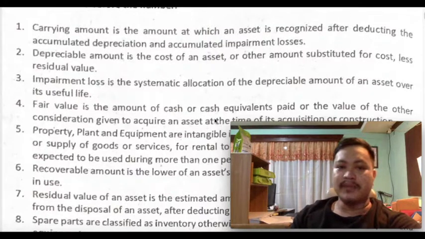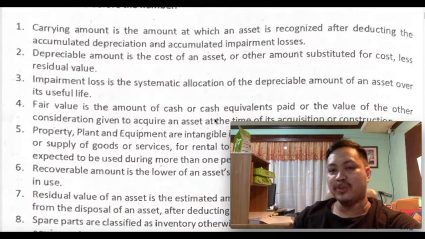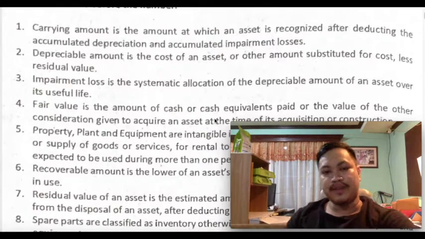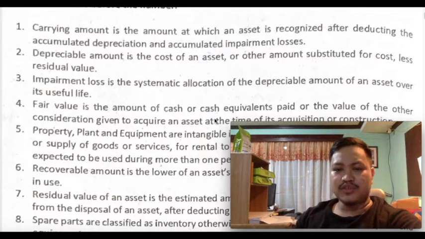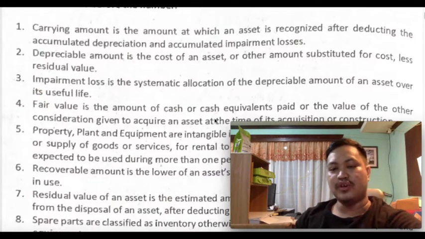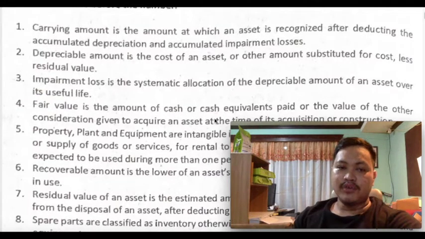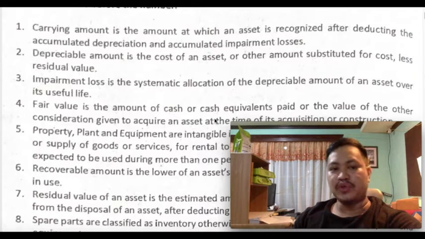Number 3, impairment loss is the systematic allocation of the depreciable amount of an asset over its useful life. So again, class, this question still focuses on the definition of terms. If you'll recall our discussion on past 2 class, I have to some extent introduced you to the concept of impairment. We consider an asset as impaired, class, if its recoverable amount is lower than its carrying amount.